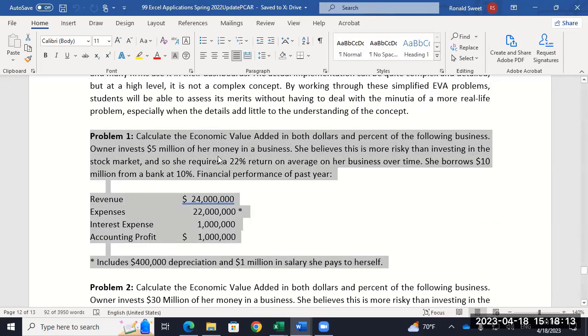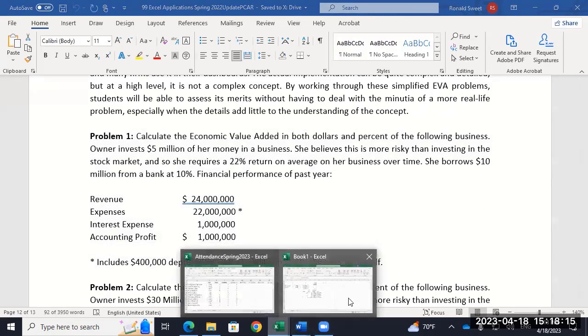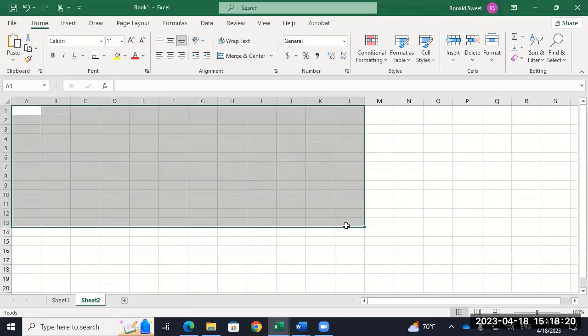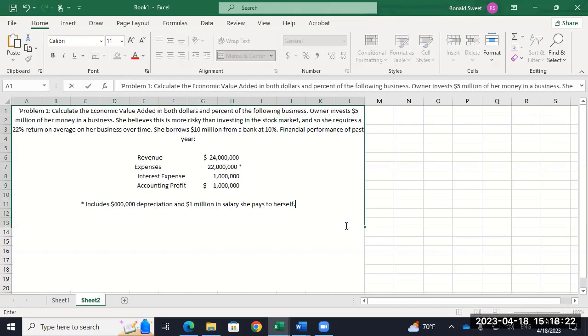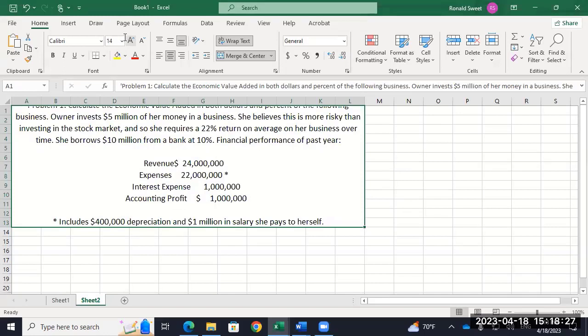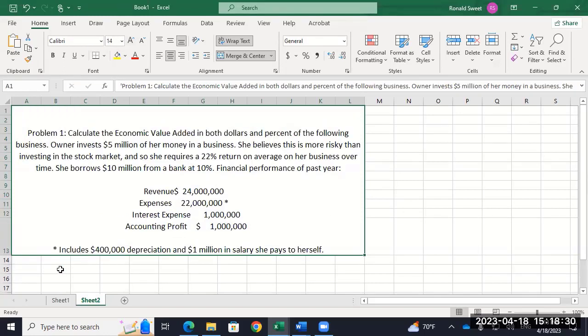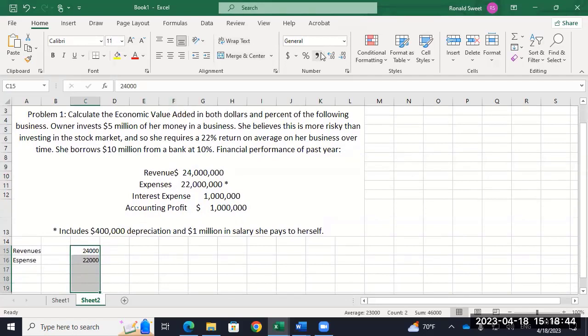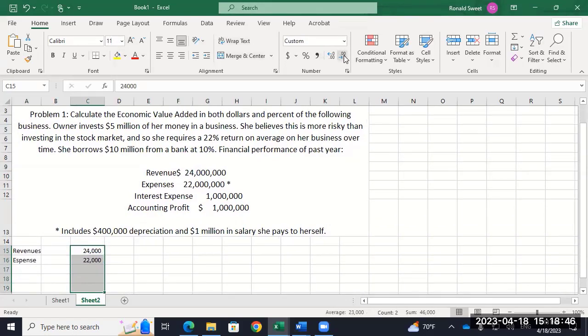So let's set this up. All you have to do is just set it up just like it's shown here. 24 million. I'm going to round it a little bit.